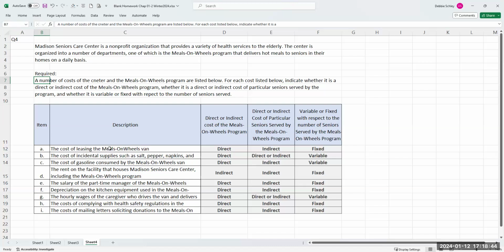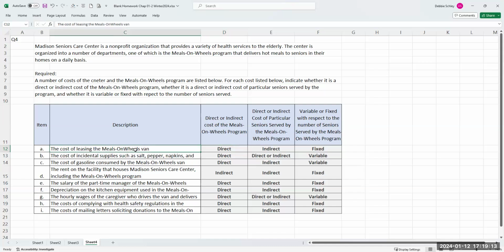Okay, so A, the cost of leasing the Meals on Wheels van. So in the first column, the whole program is our cost object. The second column is for an individual senior served by the program. And the third column is, is it variable or fixed in relation to how many seniors are served.